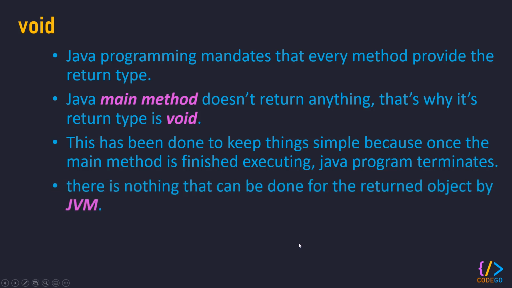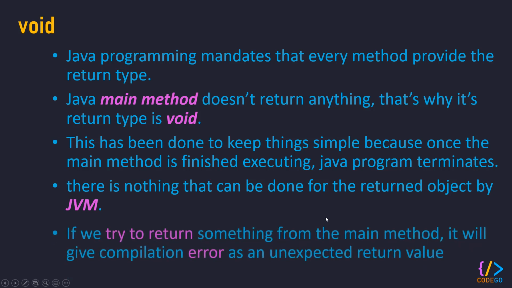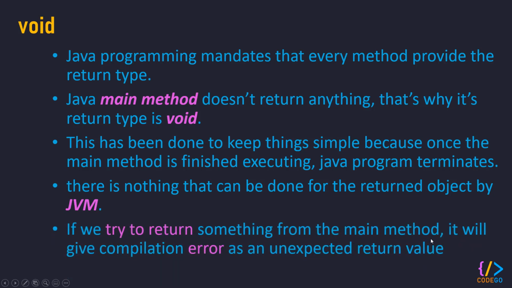So, there is nothing that can be done with the return object by the Java Virtual Machine, or the JVM. So, if we try to return something from the main method, it will give a compilation error as an unexpected return value. Okay?